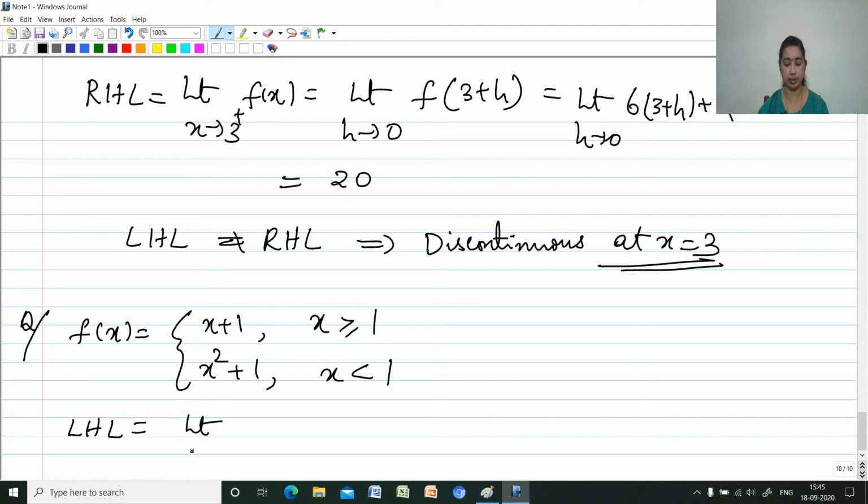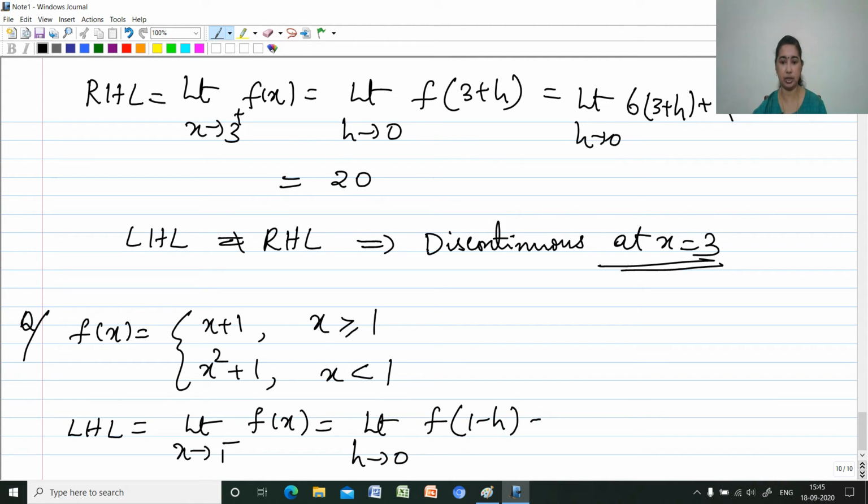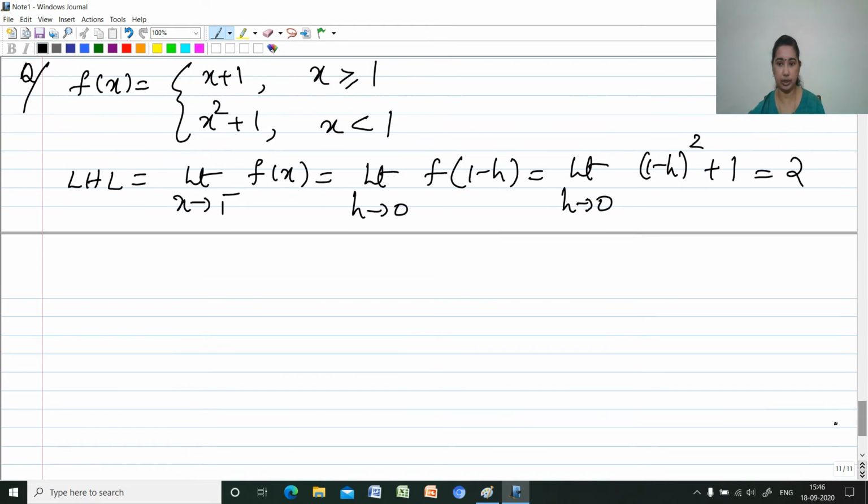LHL is limit x tends to 1 minus f of x, the same as limit h tends to 0 f of 1 minus h, and when x is less than 1 we take x square plus 1. So limit h tends to 0 of 1 minus h whole square plus 1, h is tending to 0, so 1 plus 1, that is 2. Same way we move on to RHL, right hand limit.